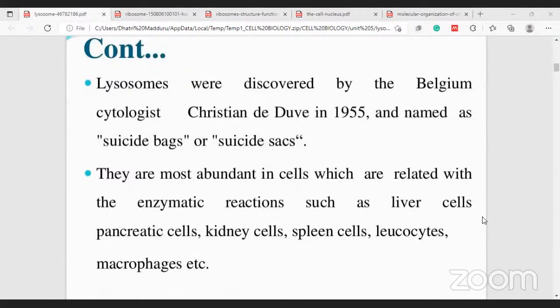These phagosomes fuse with the lysosomes and form phagolysosomes, and the enzymes in the lysosomes digest the pathogen present in the phagolysosome, and that pathogen will be removed from the body. Macrophages also can act as a phagosome. Like that, in cells where the requirement of enzymatic reactions is there, we can see a large amount of lysosomes.